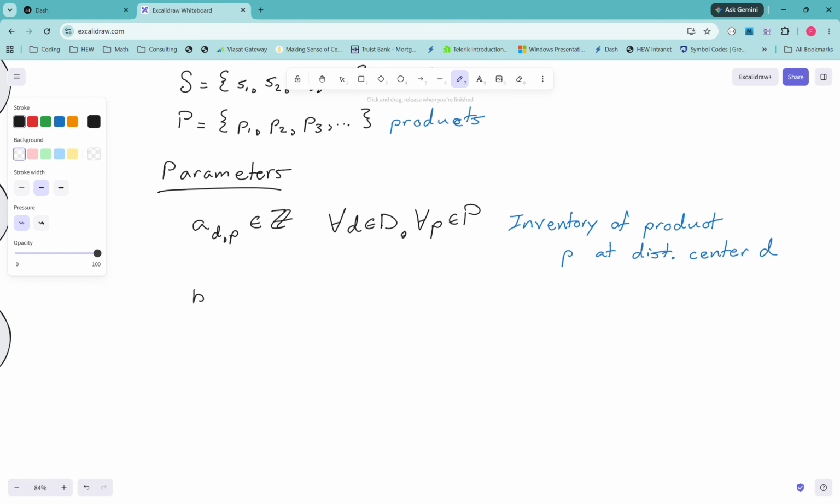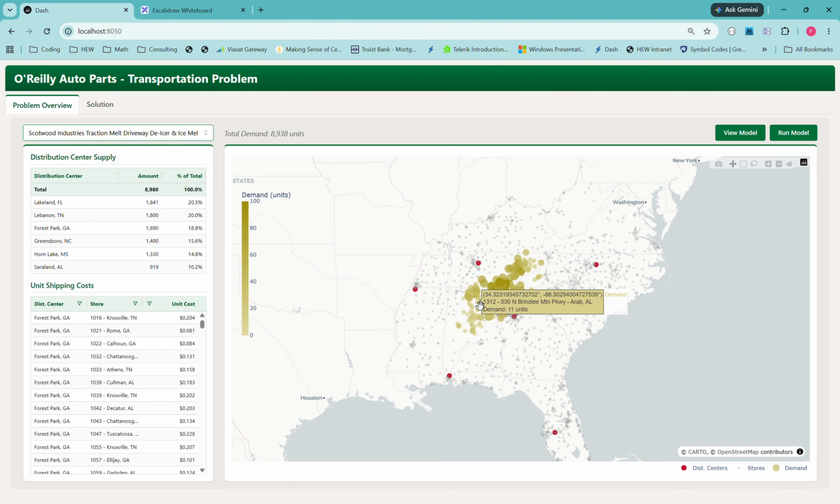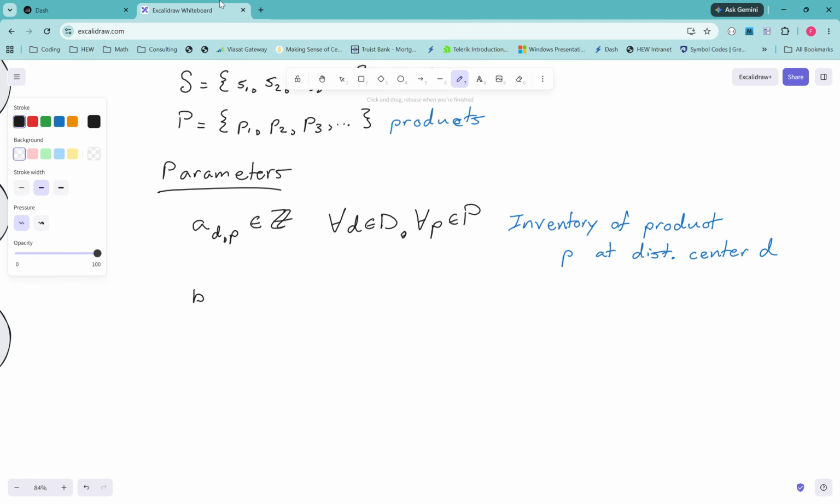So I'll say B of, what are the subscripts is the next question? Well, in this case, I have to talk about a store, right? And I also have to talk about a product. So again, two subscripts here. Let's start with the store first. S comma P. Again, we'll say it's an element of the integers.